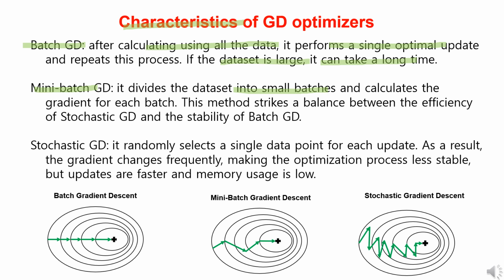This method balances the efficiency of stochastic gradient descent with the stability of batch gradient descent. Stochastic gradient descent, on the other hand, randomly selects a single data point for each update. This causes the gradient to fluctuate frequently, making the optimization process less stable, but it allows for faster updates and lower memory usage.